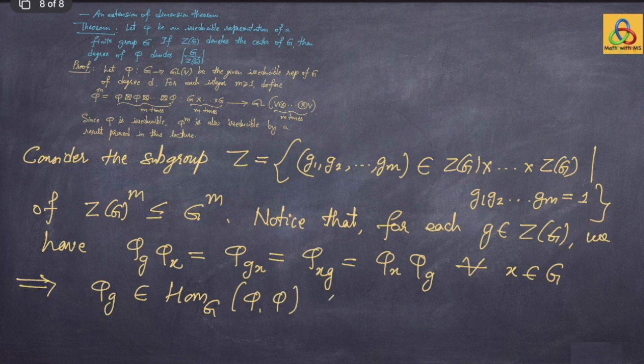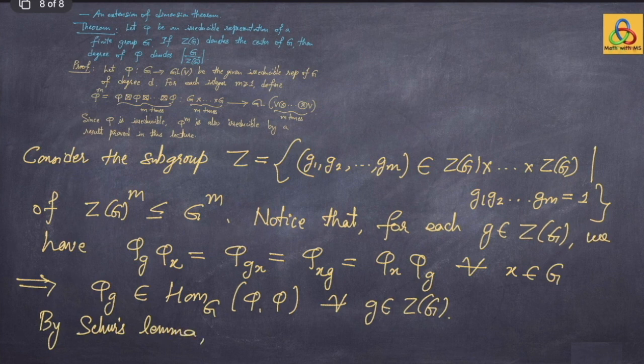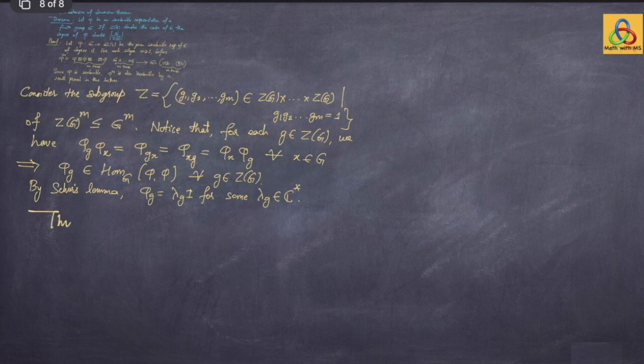That is, it's a morphism of the representation phi, which is irreducible, for each little g in the center of the group G. So by Schur's lemma, self morphisms of an irreducible representation are simply scalar multiples of the identity. Therefore phi g is lambda g times identity for some lambda g belonging to, in fact, C star, because each phi g is invertible.